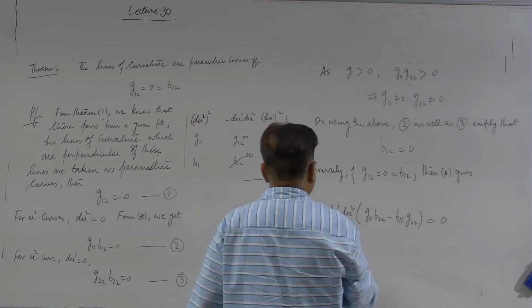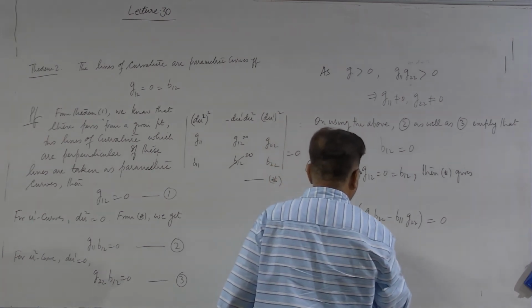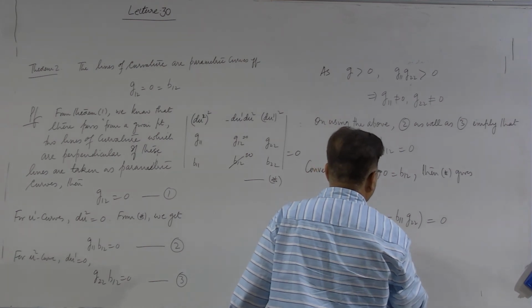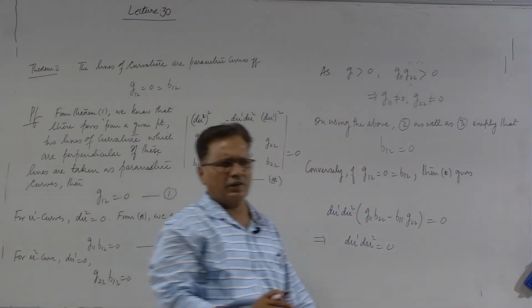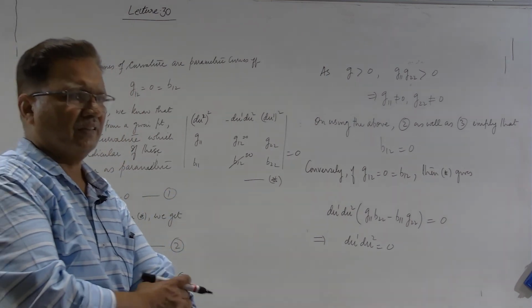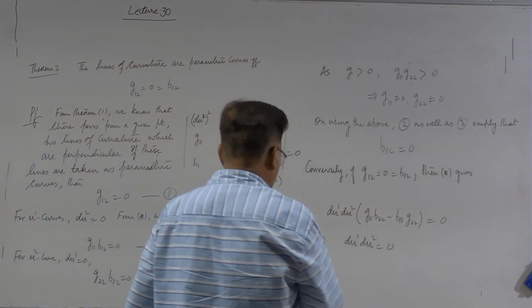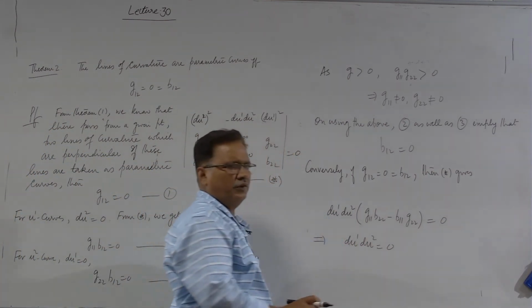And this implies that du1 into du2 is 0. This you do not expect to be 0 all the time, because these are the quantities which are not in your hand, they are invariants of the surface. Okay. So, what is 0 is du1 into du2.